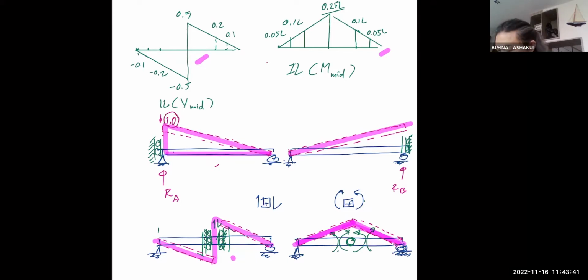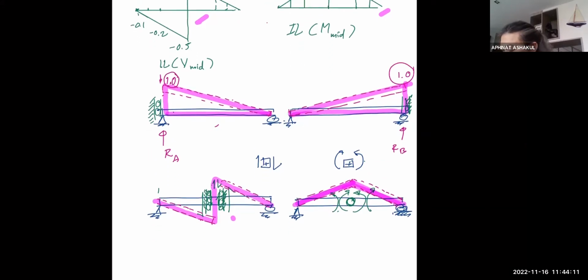And likewise for RB, there you place the unit load at B, you know the RB is going to be equal to 1. So that is the magnitude. And because this is a determinate structure, when you allow your restraint to move freely, the deflected shape of your structure becomes a straight line.